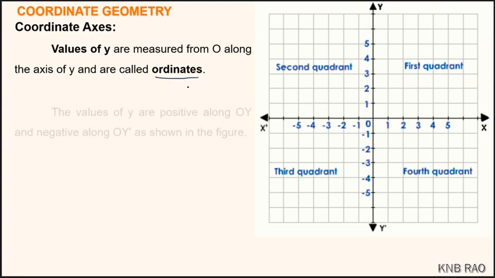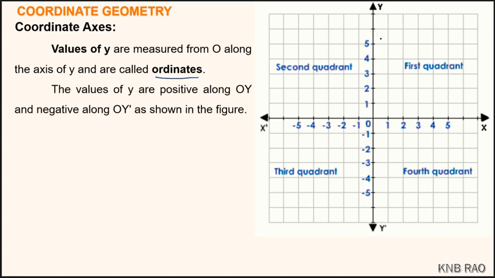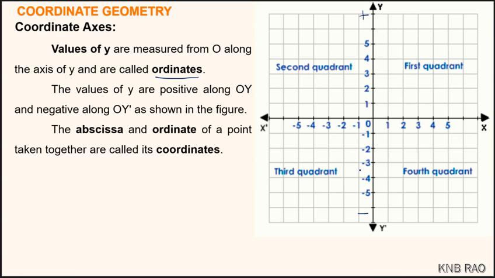The values of y are positive along OY and negative along OY dash. Then the abscissa and ordinate of a point taken together are called coordinates. Abscissa and ordinate taken together will be called as coordinates.